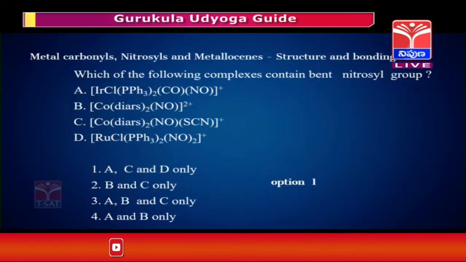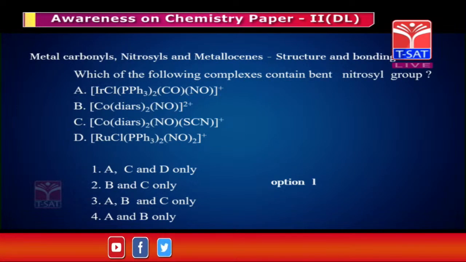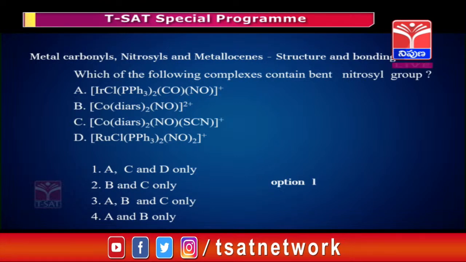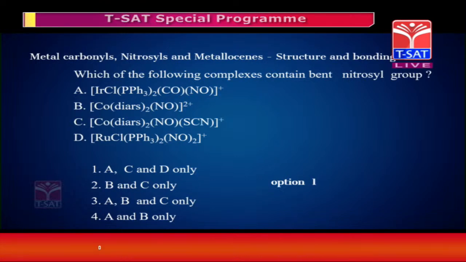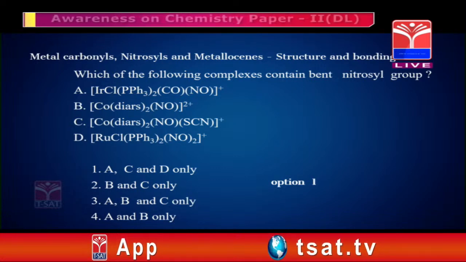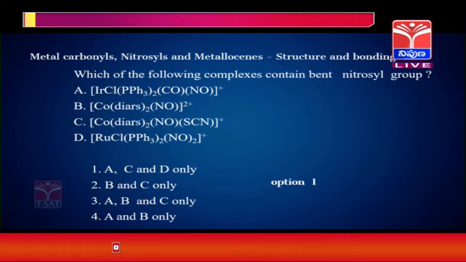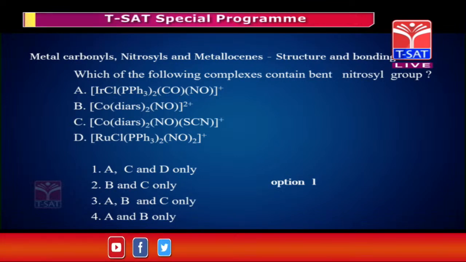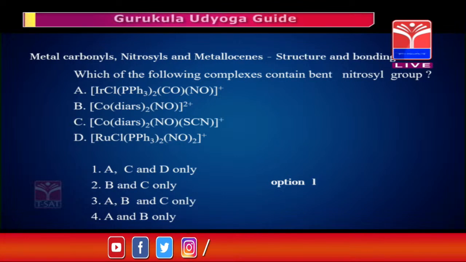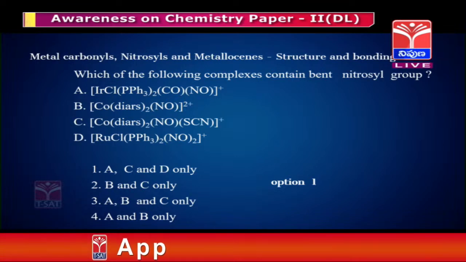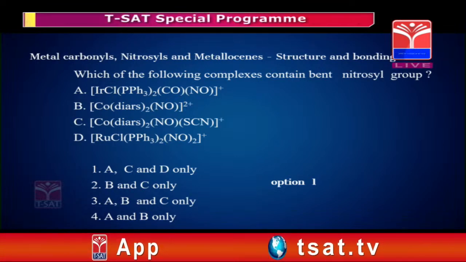Here also structure and bonding is very important regarding the carbonyls and nitrosyls. For example, which of the following complexes contain bent nitrosyl group? Because here they may have linear or bent nitrosyl groups. Some will have only linear, some will have only bent, some will have linear and bent. The question asks: contain bent. So, if it has linear and bent also, it comes under this option, because it is not asked to contain bent nitrosyl only.